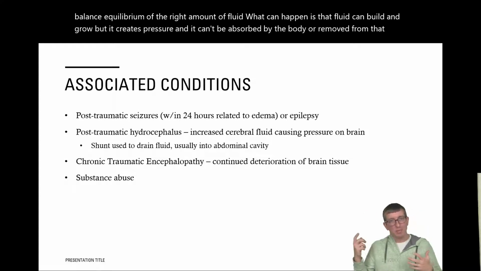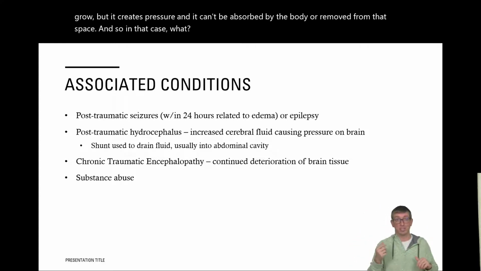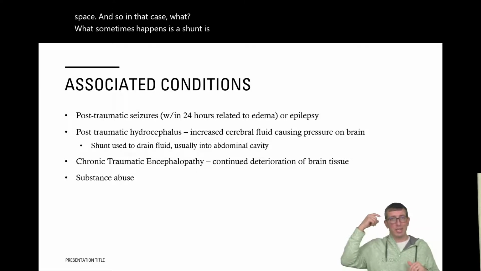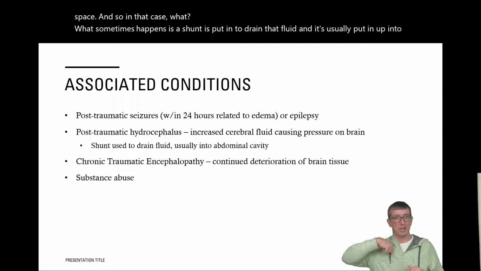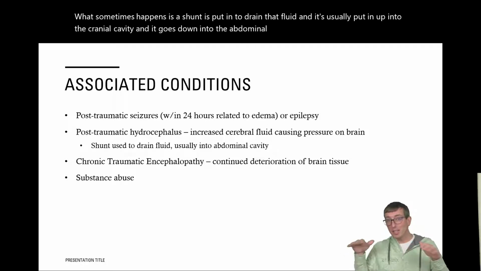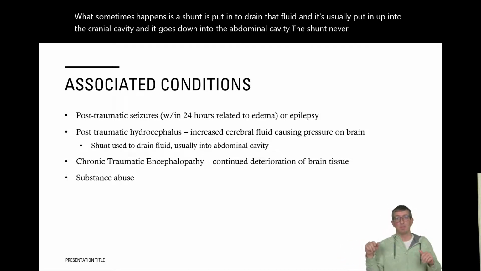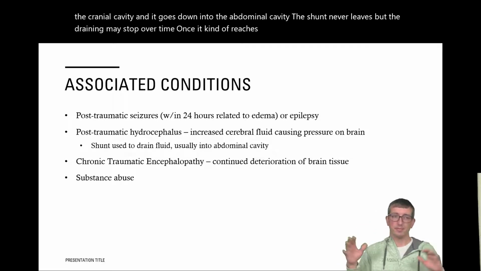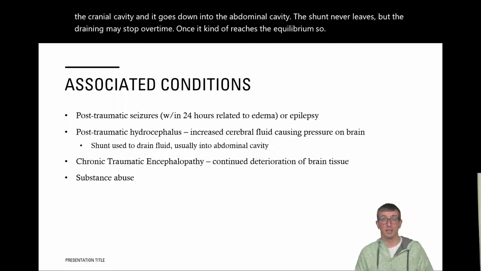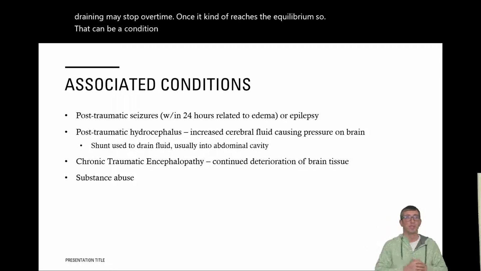And so in that case, what sometimes happens is a shunt is put in to drain that fluid, and it's usually put in up into the cranial cavity and it goes down into the abdominal cavity. The shunt never leaves, but the draining may stop over time once it reaches the equilibrium. So that can be a condition that happens.